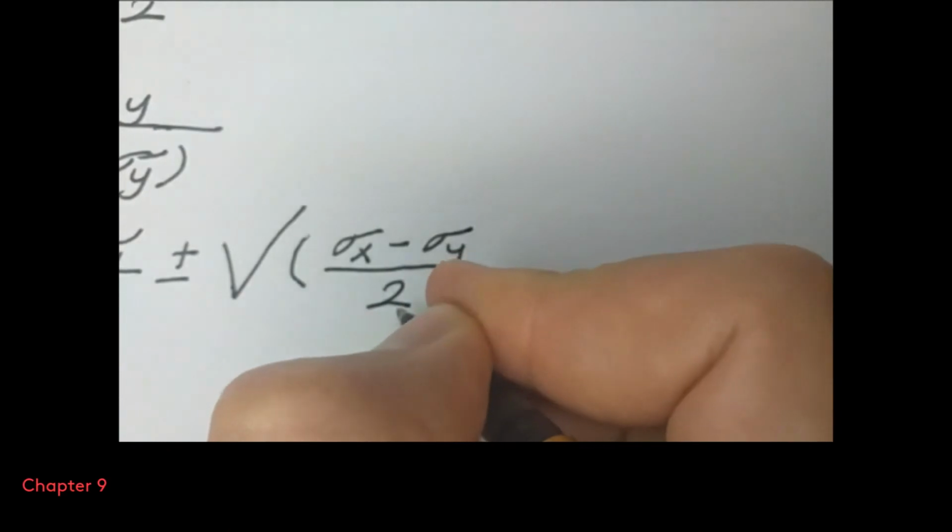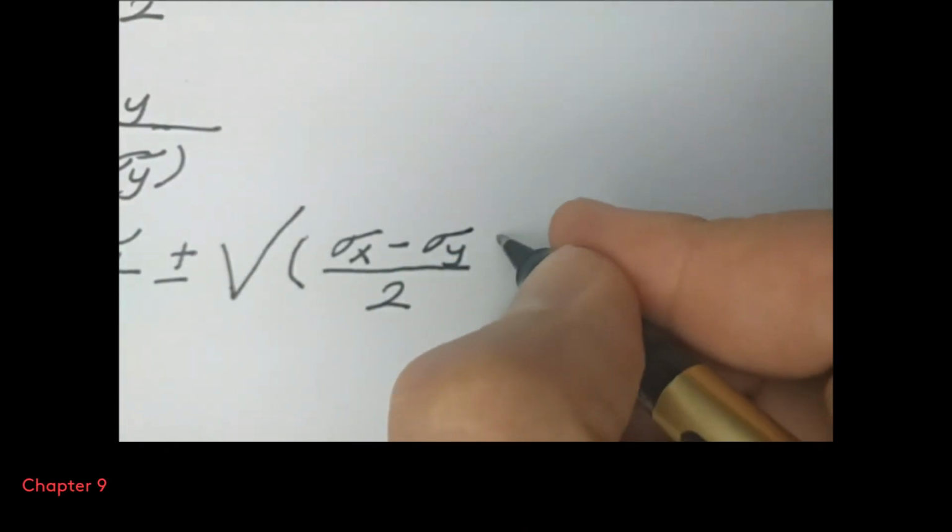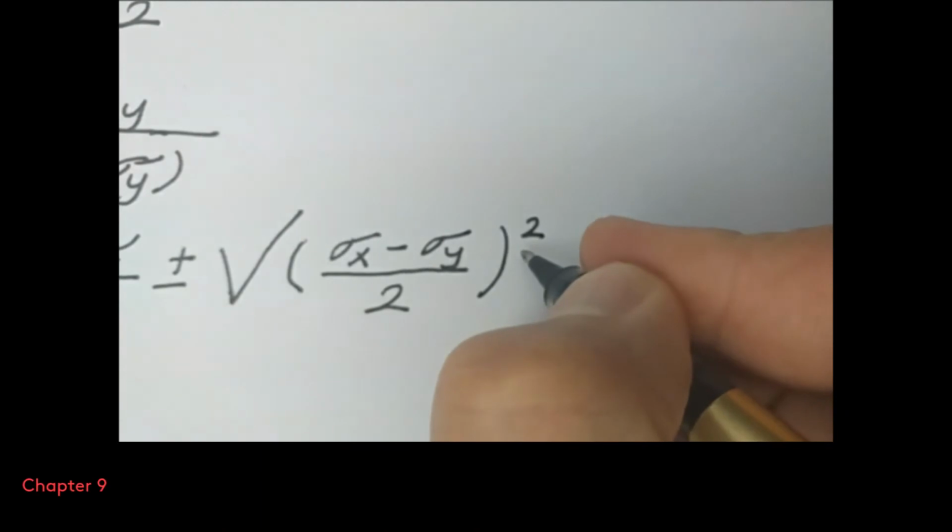So these are the principal stresses. Sigma 1 and sigma 2 are the principal stresses.